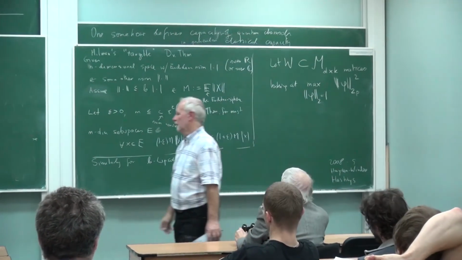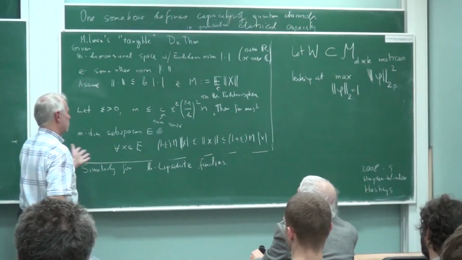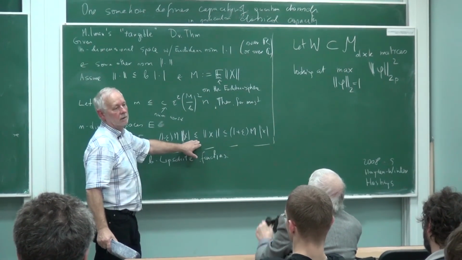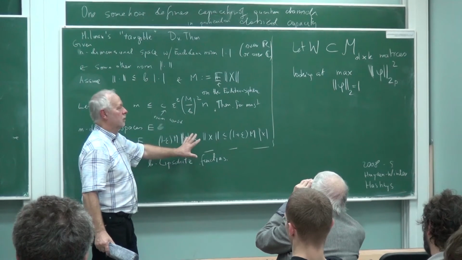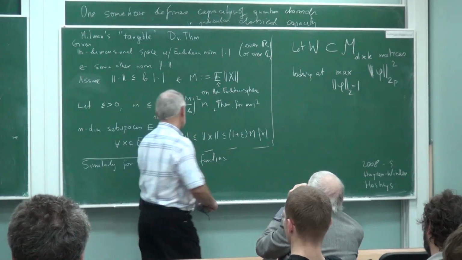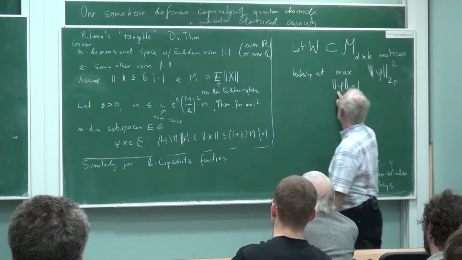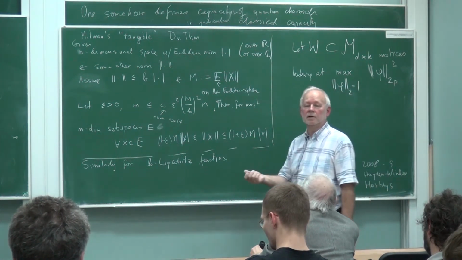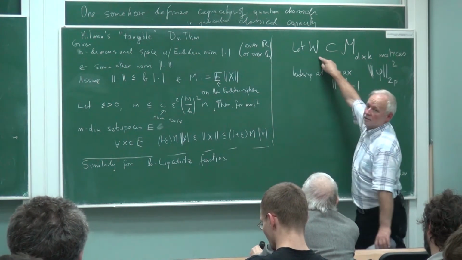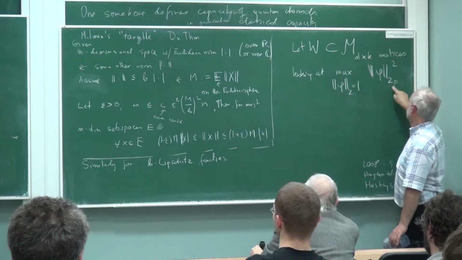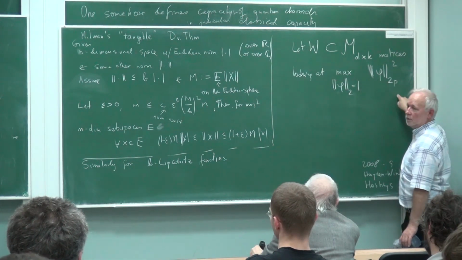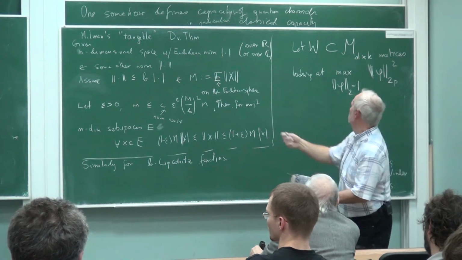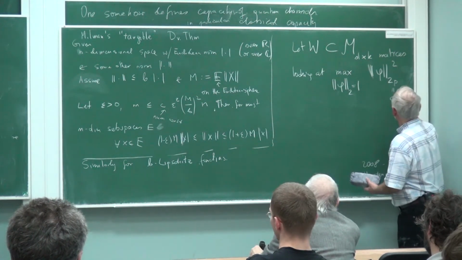Okay? So I'm getting exactly this type of question like here. I'm looking at the Euclidean sphere given by the Schatten 2 norm, and I'm asking what is the maximum on that subspace of the 2p norm. P is some parameter greater than 1, so 2p, this is q greater than 2.